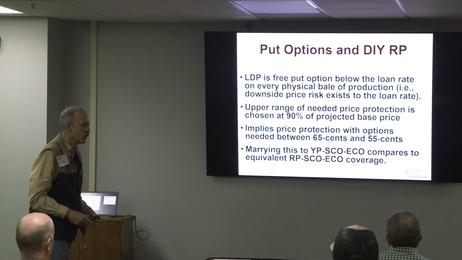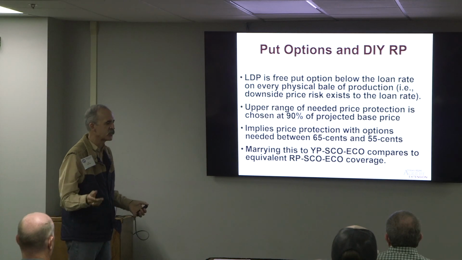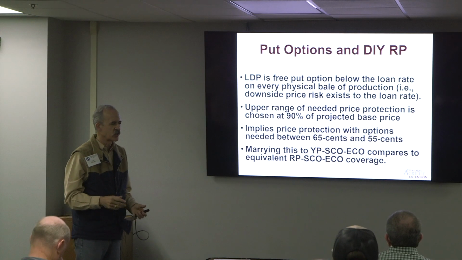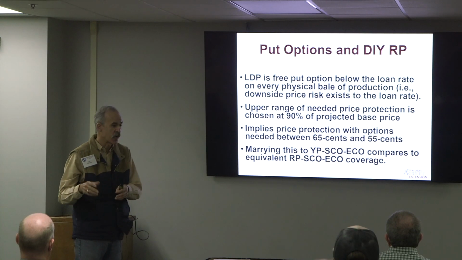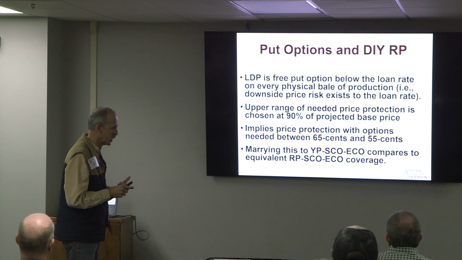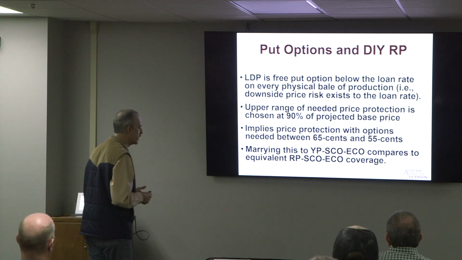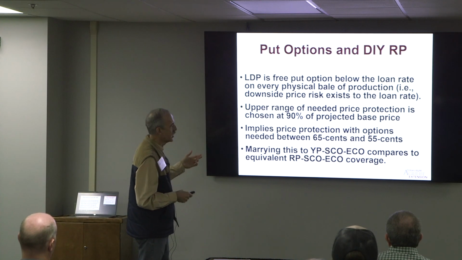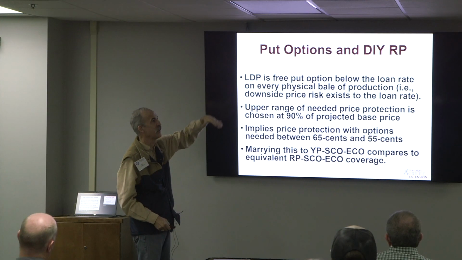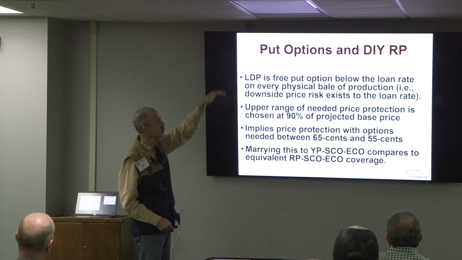So they've come up recently with these shallow loss add-ons, which are not exactly apples to apples because they're area-wide policies, but I'm thinking of stacks, I'm thinking of ECO and SCO. You can add those onto a revenue policy and get protection from 85% down or 90% down.